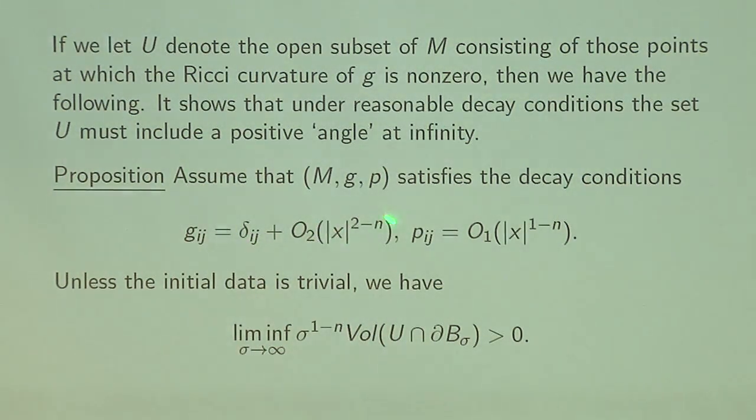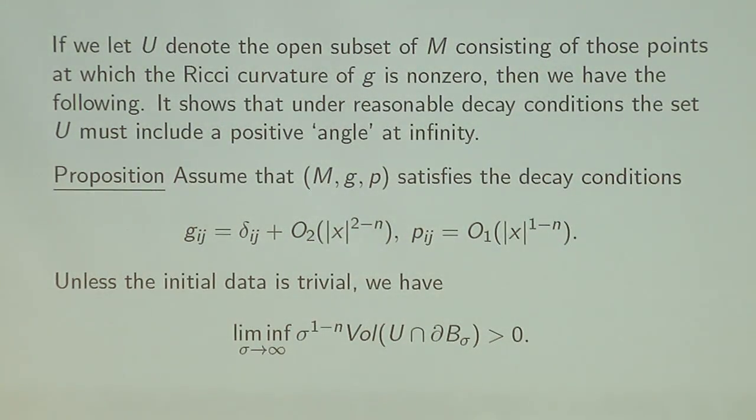So the metric falls off like x to the 2 minus n to the Euclidean, and the second fundamental form like x to the 1 minus n. Then unless the data is trivial, if we take U to be the open set consisting of those points where the Ricci curvature is non-zero. So the metric g might be flat in an open set, but there's some open set where the Ricci curvature is strictly non-zero.